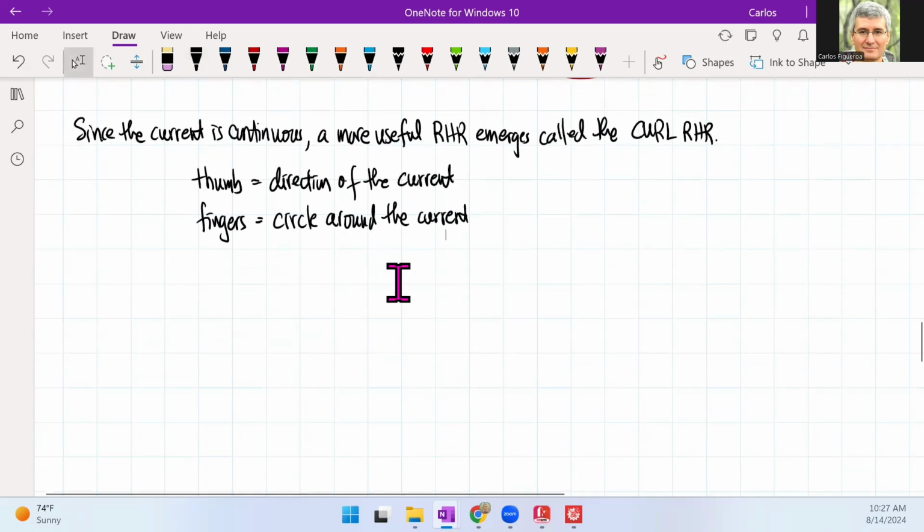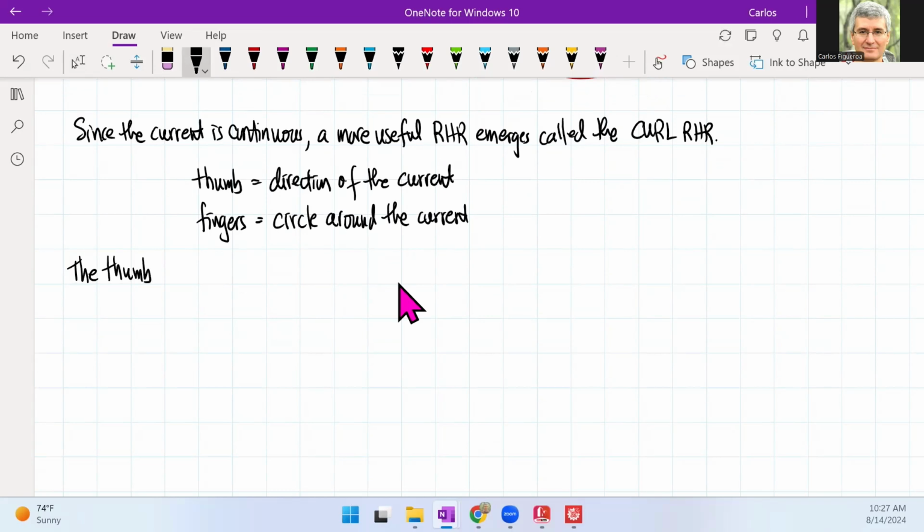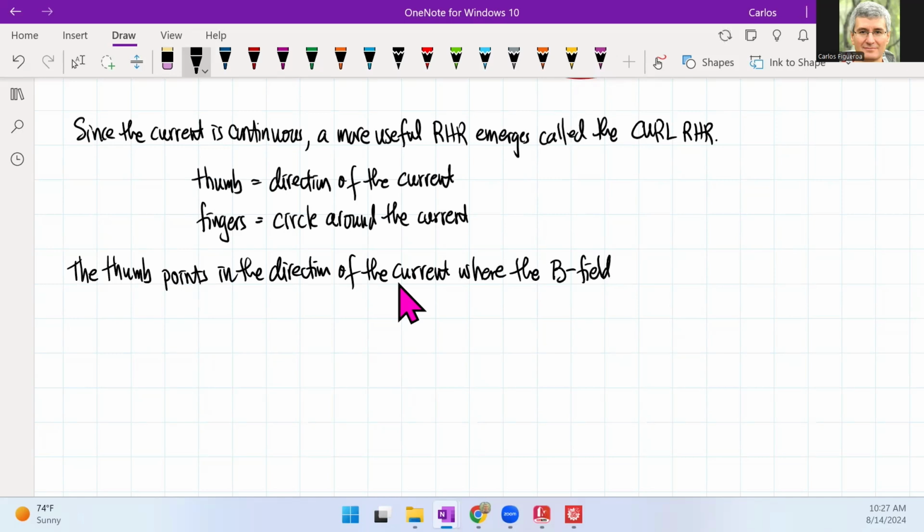So in this situation, we say something like this: the thumb points in the direction of the current, where the magnetic field curls around in the direction that our hand is curling.